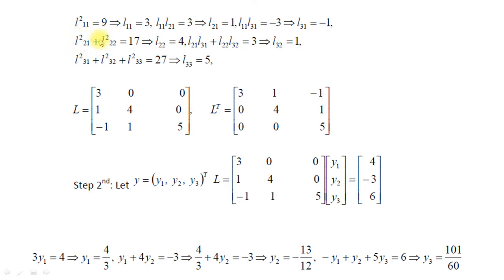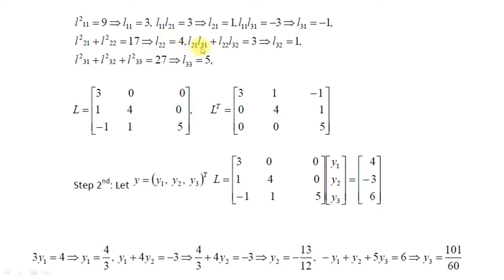And similarly, L21 square plus L22 square is equal to 17. So putting the value of L21, which is 1, now L22 square is equal to 16, and taking the square root, we obtain L22 is equal to 4.